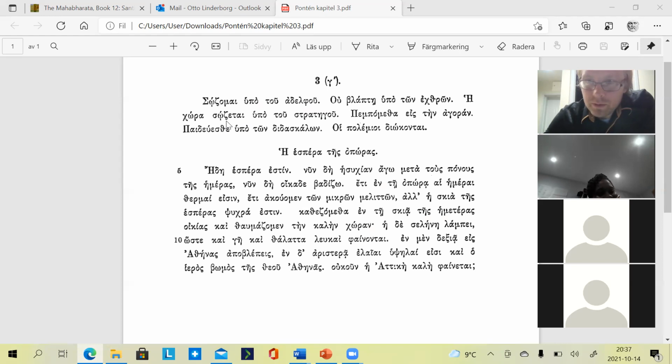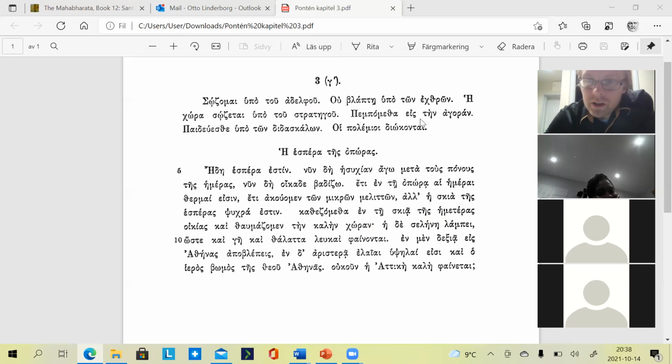Present medio-passive indicative, but in this case passive, because again we have this agent here. Hypo tu stratego, by the general, this prepositional phrase. And then here we have also a subject, he chora, the land. The land is saved by the general. Very good.